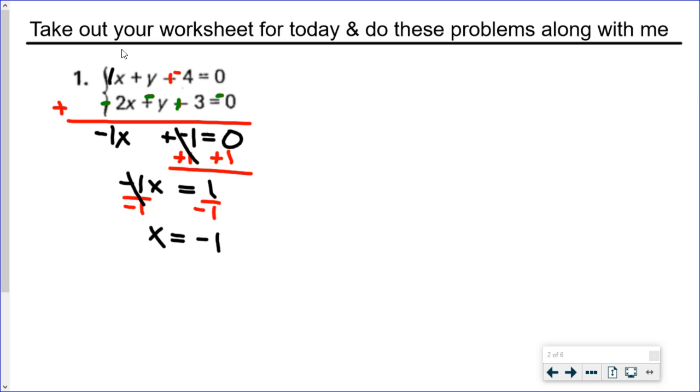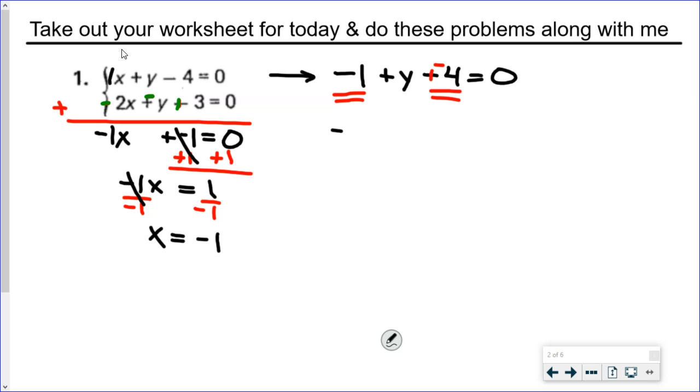Okay, now, again, we are substituting back into the top. So this one is just x, which is -1, plus y minus 4 equals 0. Okay, so I'm going to combine my like terms.